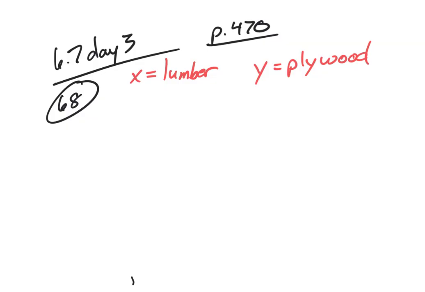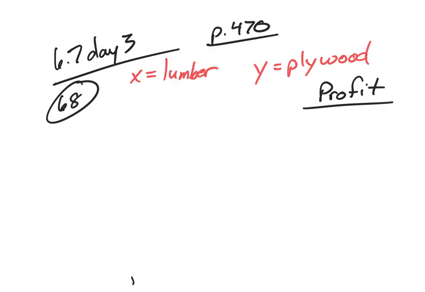One thing I like to do, just so I can put it to the side: most of the time, not always, when you look at these story problems, the maximum or minimum function is going to be the profit function. Because if I was a company, my goal is the maximum profit I could make based on the amount of lumber and plywood that I'm going to produce. I like to put that to the side and not use it till the very end, and know that it's not part of our actual graph.